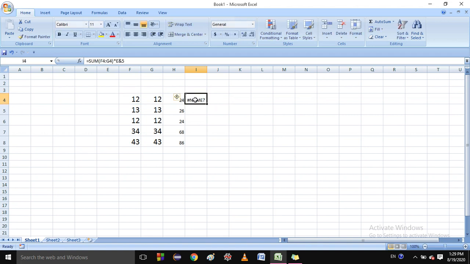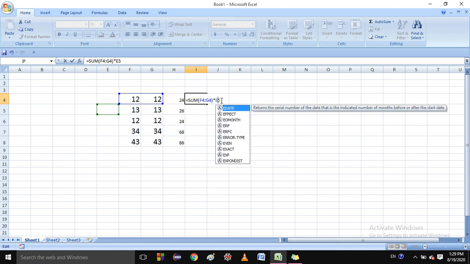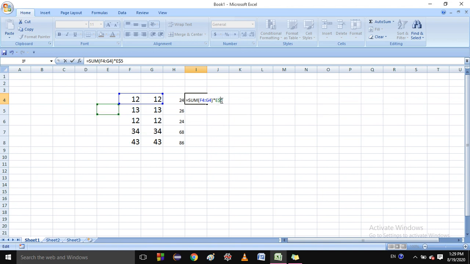I'm sorry, something is wrong over here. This is m%, and I said dollar sign, this one, enter. You got 0. How did you get 0? Multiply E$5. Sum F4 plus G4, 24, multiply E$5.